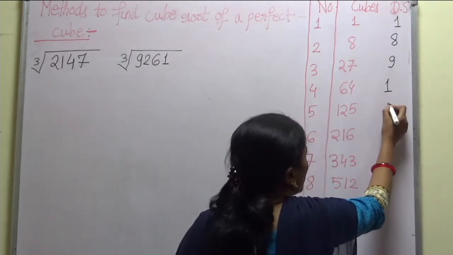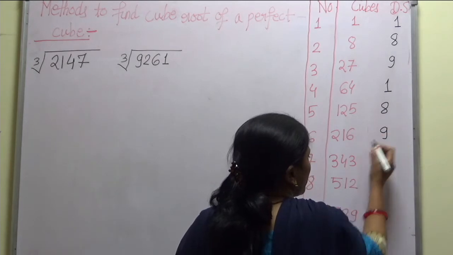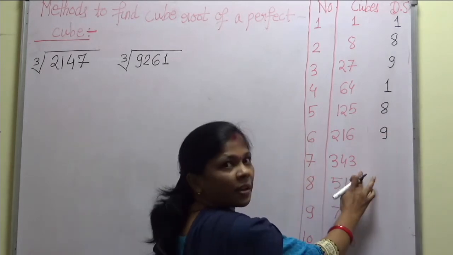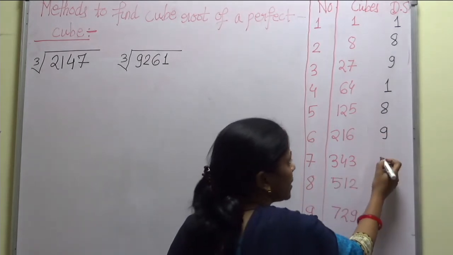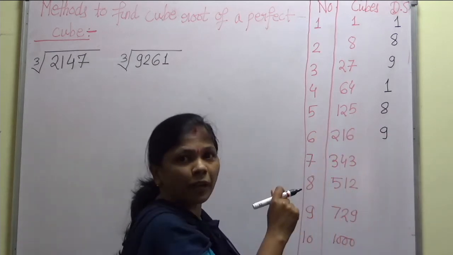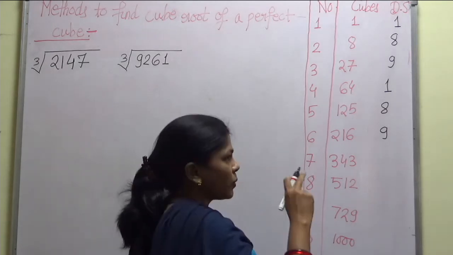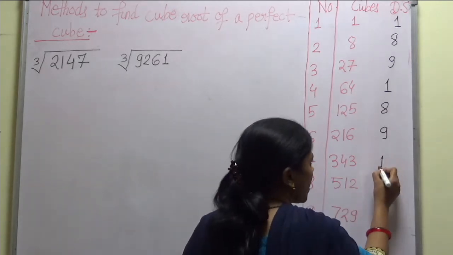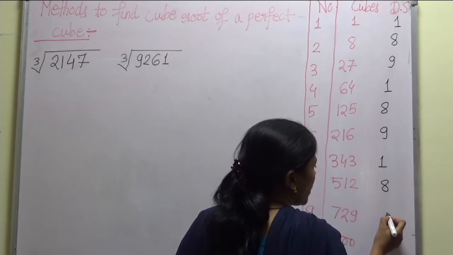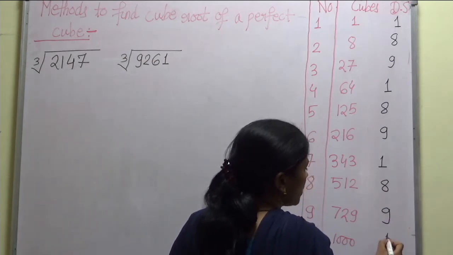Then we have 8, again 9, then 3 plus 4 is 7, 7 plus 3 is 10, and since you have to represent it between 0 to 9, 10 is 1 plus 0, that is 1, and then again 9.